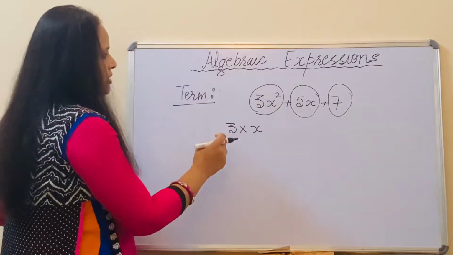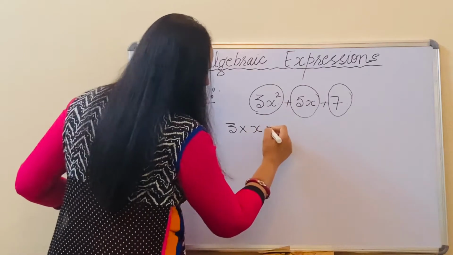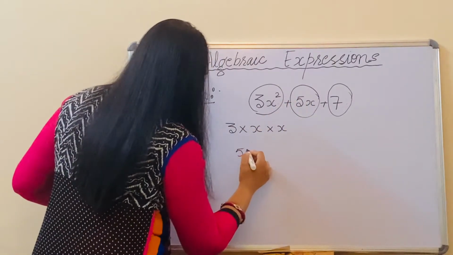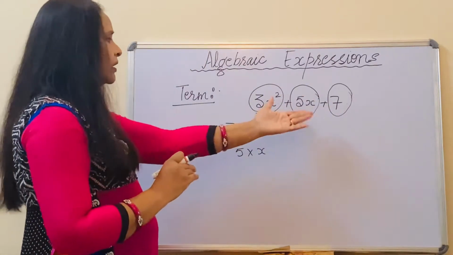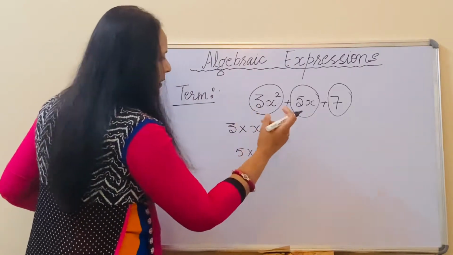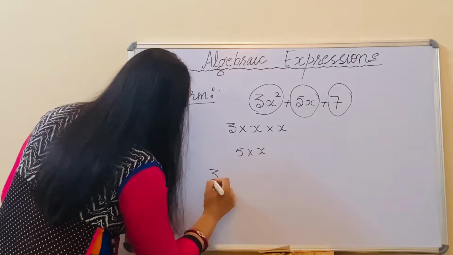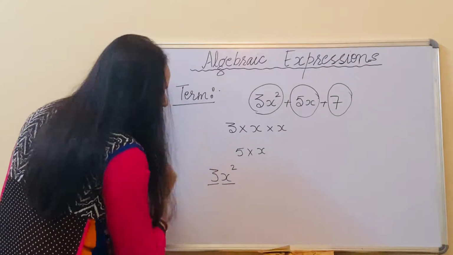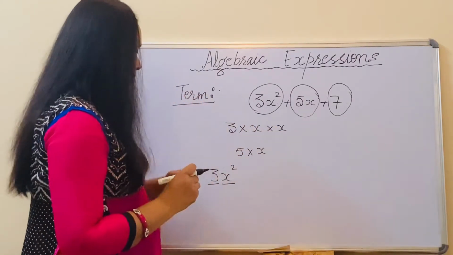Now the factors of these can be written as 3x squared as 3 into x into x. For 5x we have 5 into x, and 7 is another term. So you can see that a term has two parts. For example 3x squared has two parts, a constant part and a variable part. These two parts when united form a term.